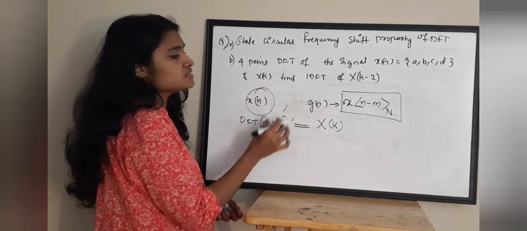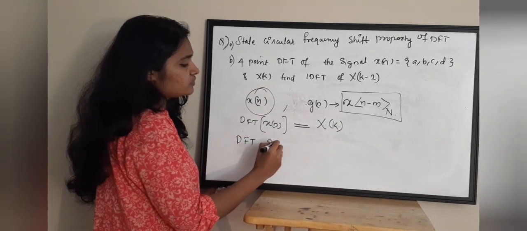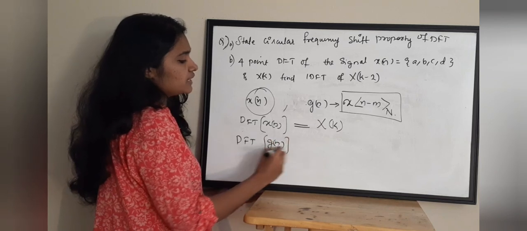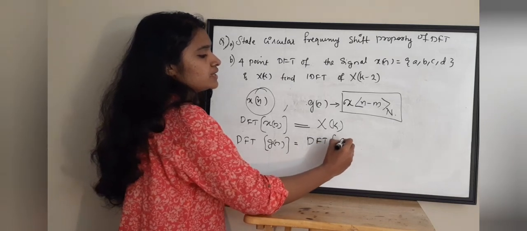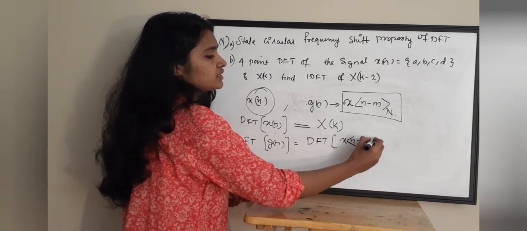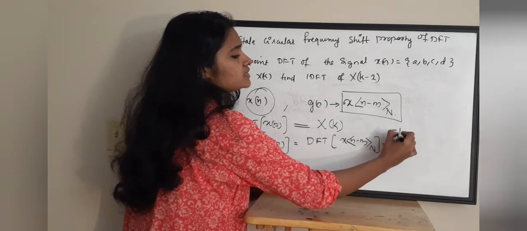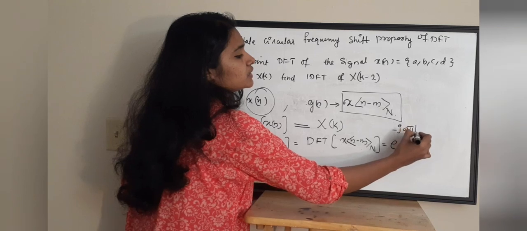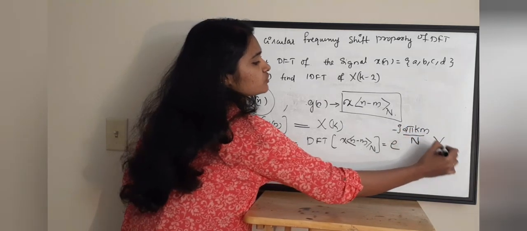Then the DFT of g of n, that is x of n minus m, the shifted signal, is equal to e raised to minus j 2 pi k m by N into x of k.